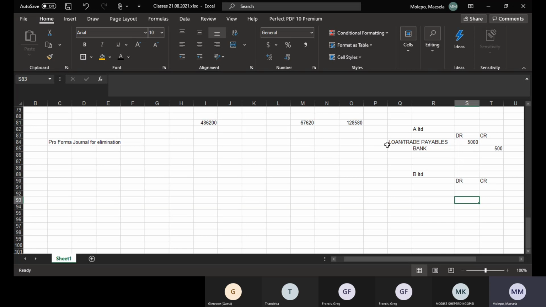Okay, this journal should be the one for B Limited. And then we've got a journal of A Limited.